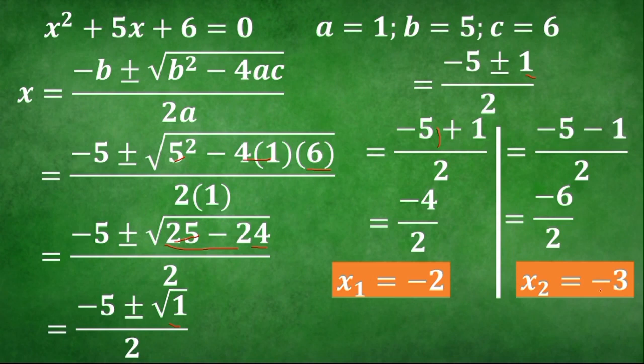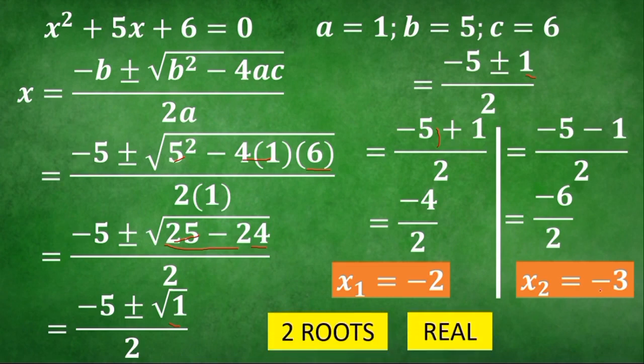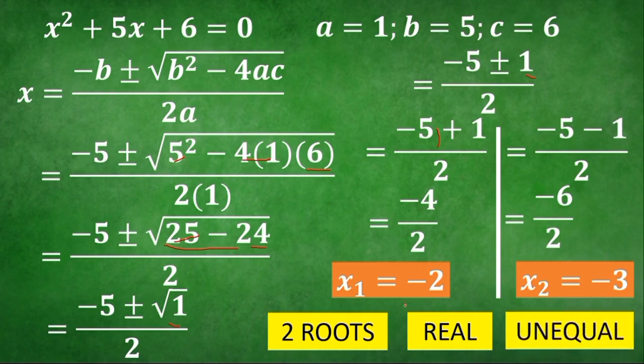If we are going to describe or characterize negative 2 and negative 3, how many roots do we have? We have 2 roots. They are real numbers. Basta positive or negative integers yan, they are considered real numbers. And obviously, they are unequal.